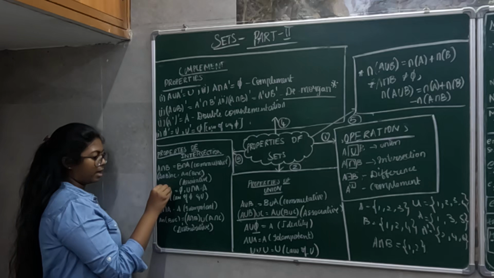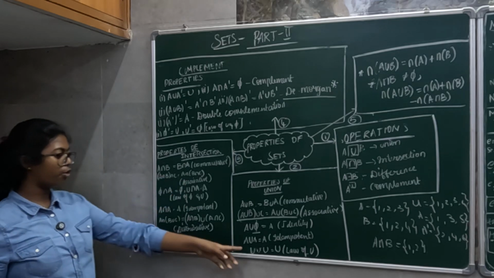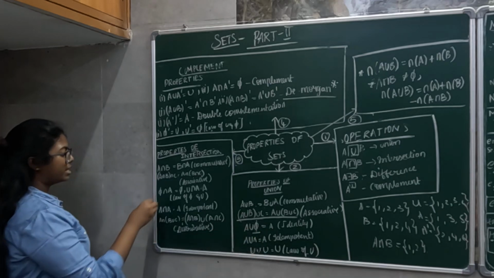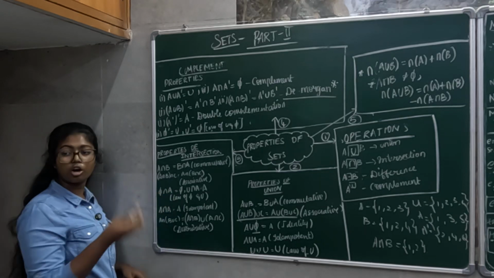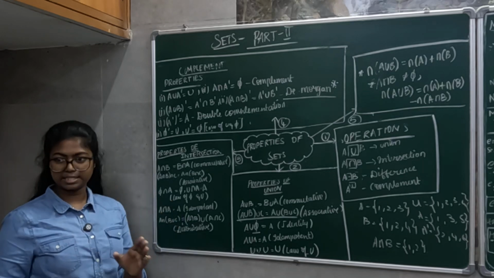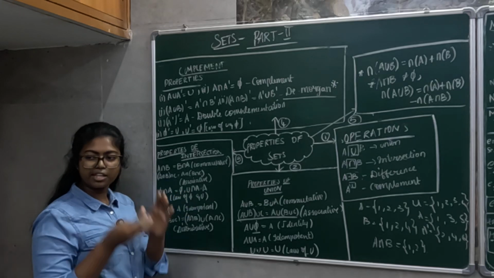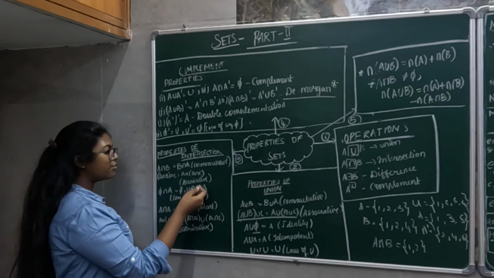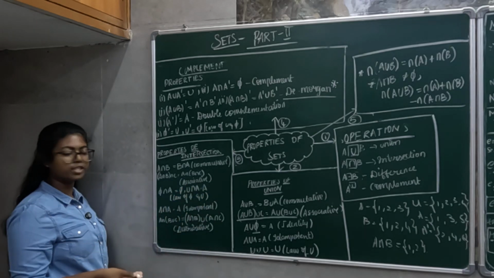Then phi intersection A is equal to phi, because we have already seen that A union phi is equal to A in identity law, but here phi intersection A will be the null set, because there is no common point between the null set and A. This is called law of null set. Then U intersection A will be A, because a universal set is a collection of every basic set. So if we take A, the common points will be A only, and that is the law of universal set.